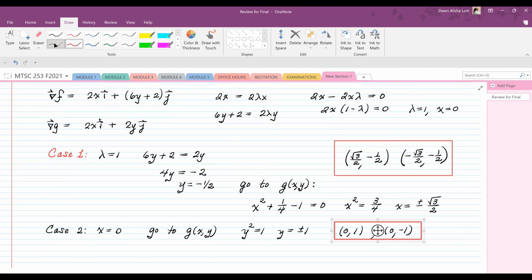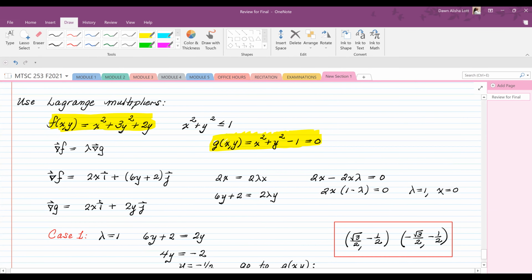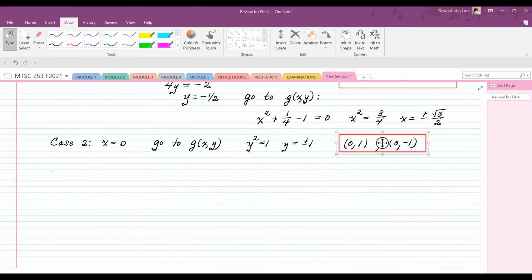So f was x squared plus 3y squared plus 2y.